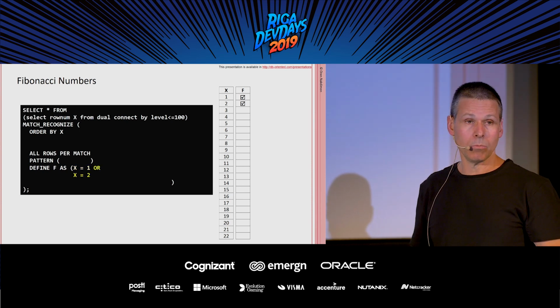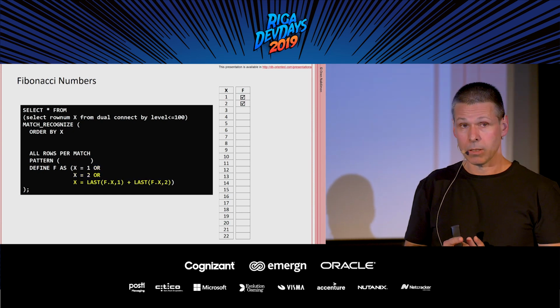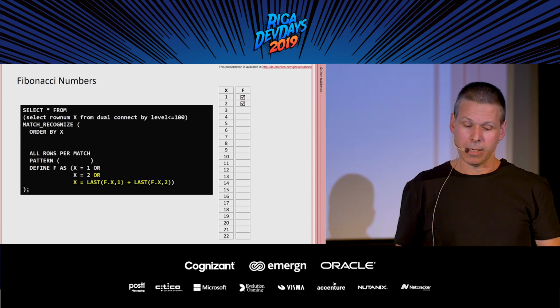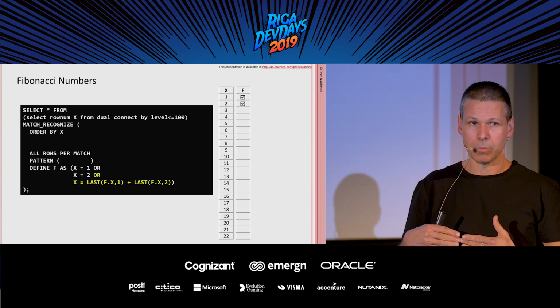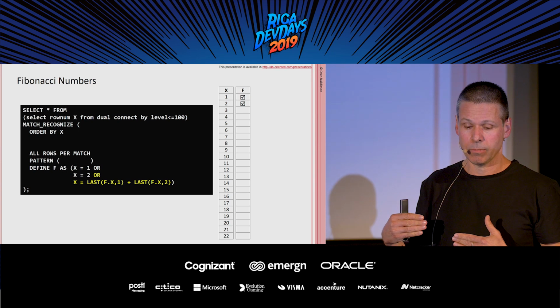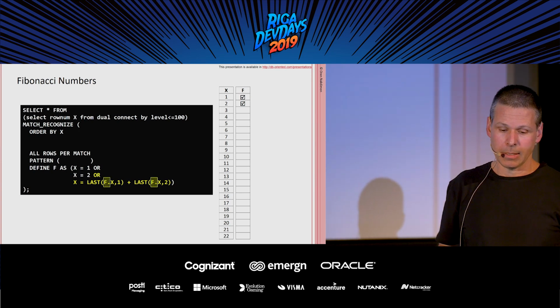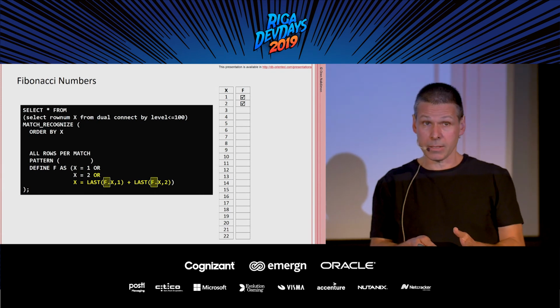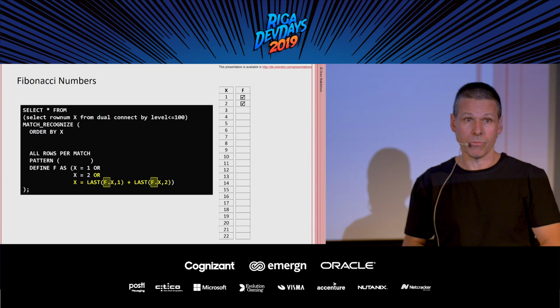If X equals 2, it is a Fibonacci number. And if X equals the last F before the current record, and the next to last, it is also a Fibonacci number.